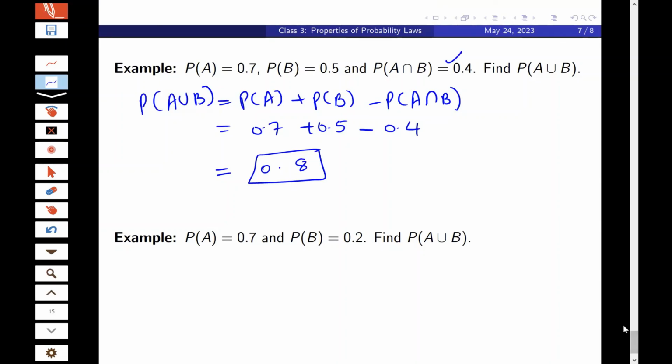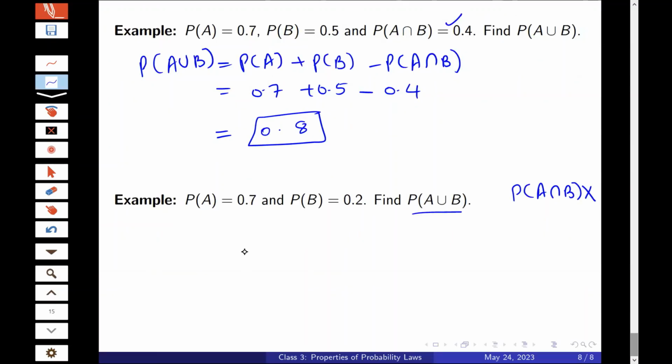In the next example, the intersection is not given, so we don't have information about the intersection. In this case, we cannot find the exact probability for A union B, but what we can do is find the lower and upper limit for A union B. See this calculation.